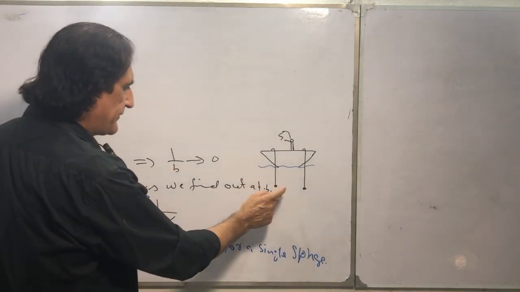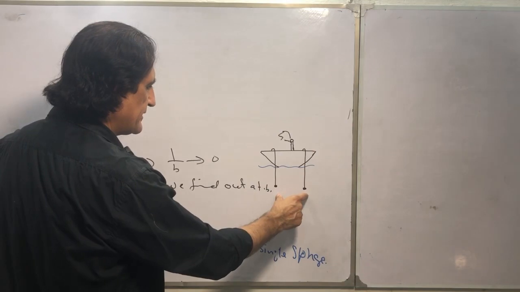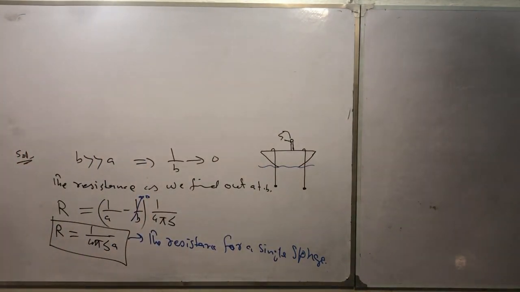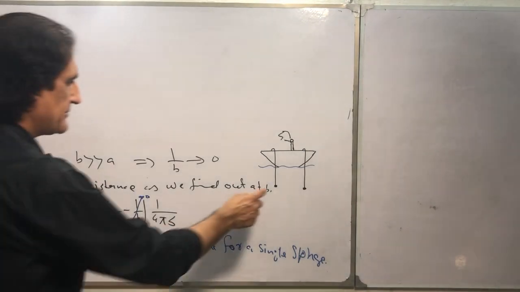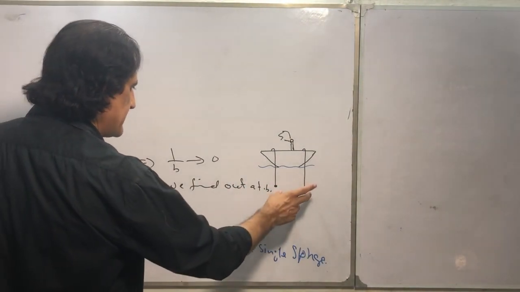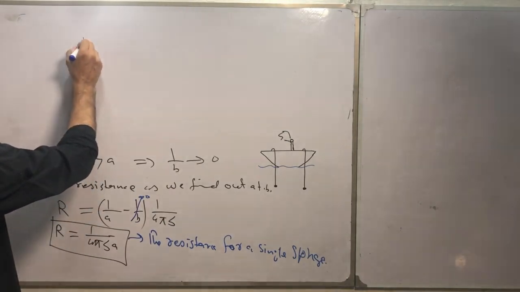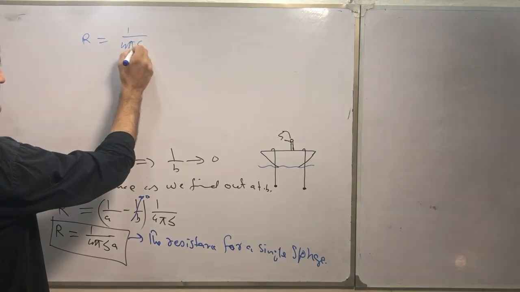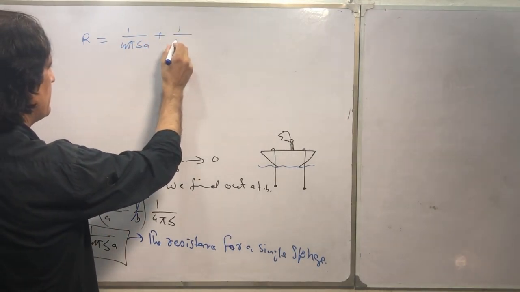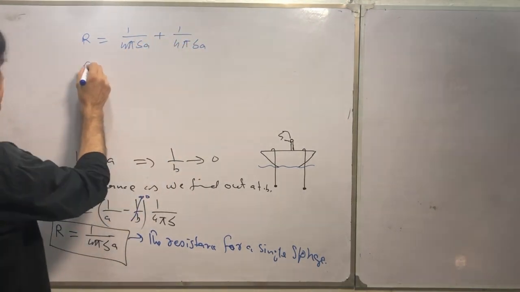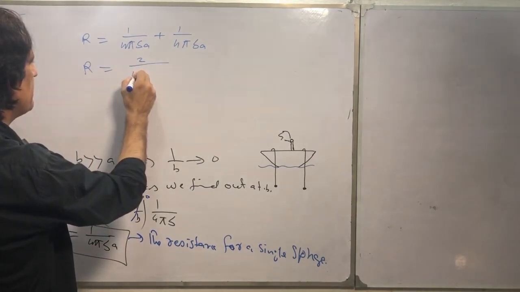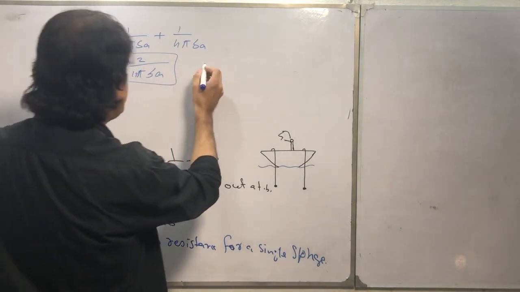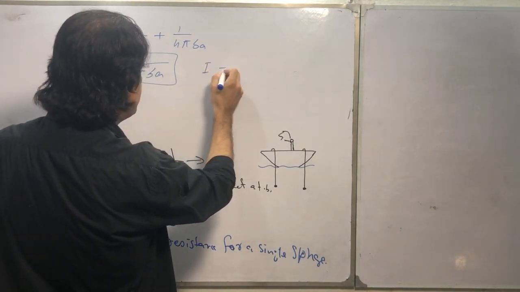Now if we have two spheres with the same radius, then for these two spheres we can write R equal to 1 over 4 pi sigma A plus 1 over 4 pi sigma A, and this R will be equal to 2 divided by 4 pi sigma A. Now we are interested in finding the current.